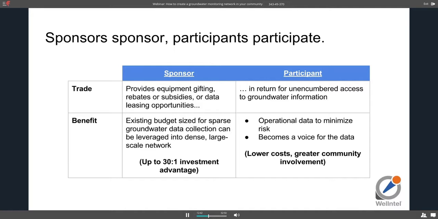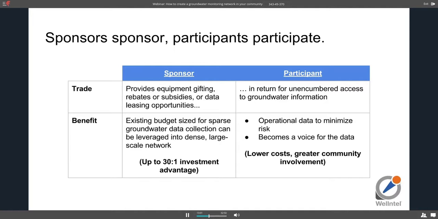On the participant side, the benefits are different. If you, for example, are a homeowner who elects to participate in a sponsored community network, what you're getting for the first time ever is information about what's happening inside your well.